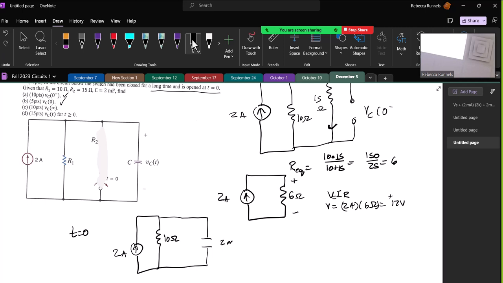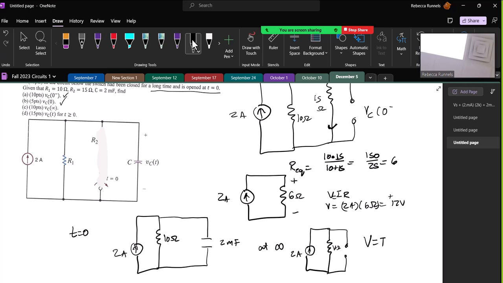And our capacitor is 2 millifarads. Now at infinity, this capacitor is going to act like an open circuit again, because infinity is after a long time. If it acts as an open circuit, it is in parallel with this 10 ohm resistor, so it would have the same voltage as the 10 ohm resistor.